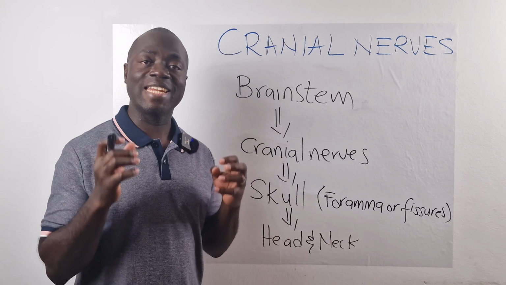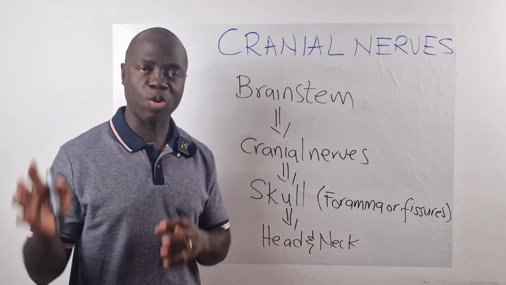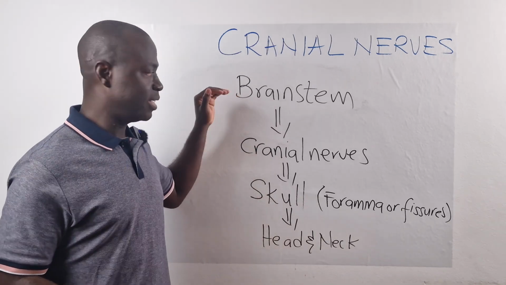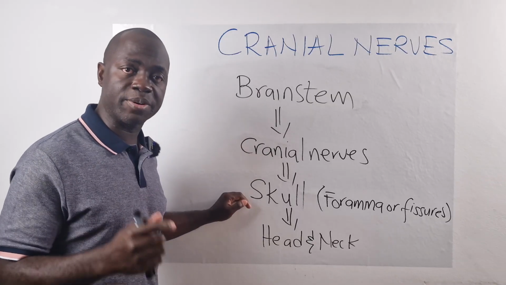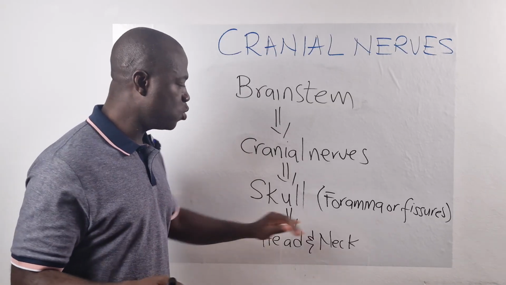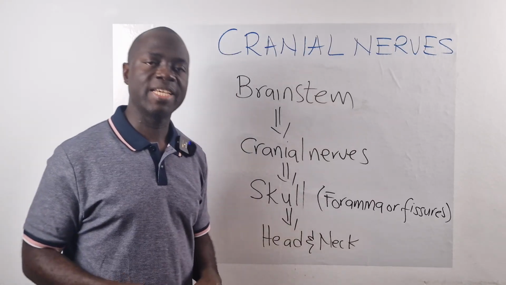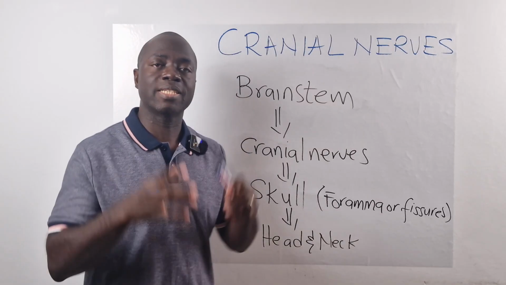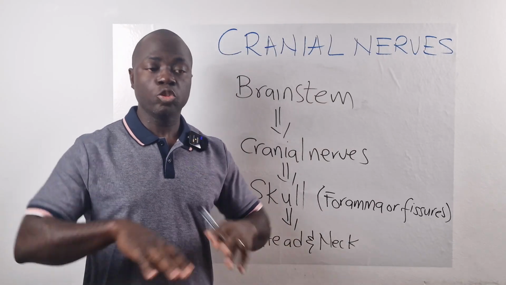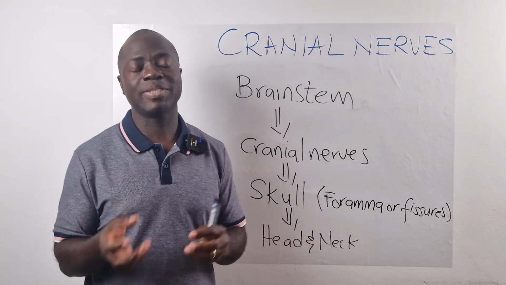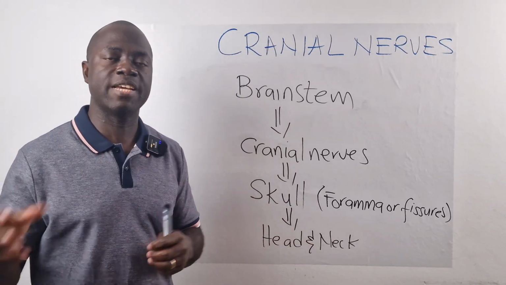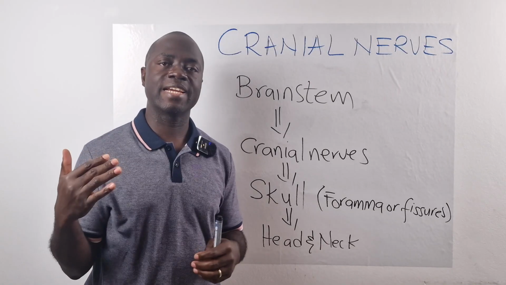So cranial nerves are nerves that arise from the brain or the brainstem, okay? So out of the brainstem comes cranial nerves, and they exit the cranium or the skull through foramina or fissures, and they supply structures around the head and the neck. So just as we have the spinal nerves, we also have cranial nerves. They are sort of the equivalent of spinal nerves in the head and neck region.